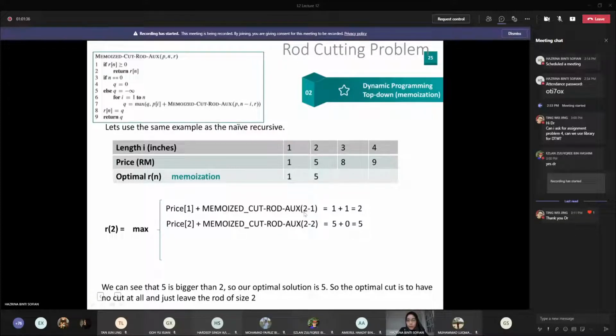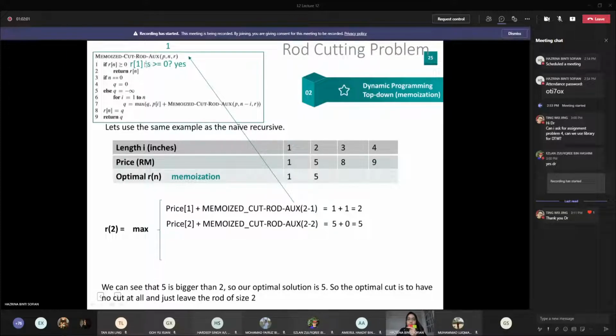Okay, hold on. So it is 2 minus 1. Our n is 2 and our i is 1, so that is 1. So with 2 minus 1, we will call back the memoized cut rod auxiliary.